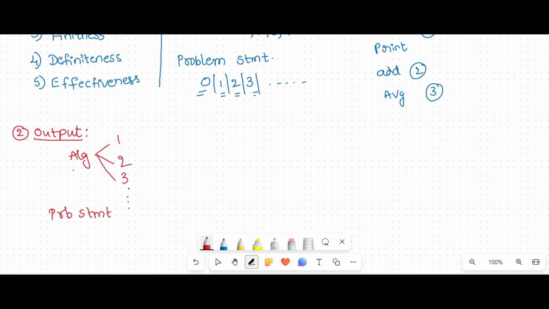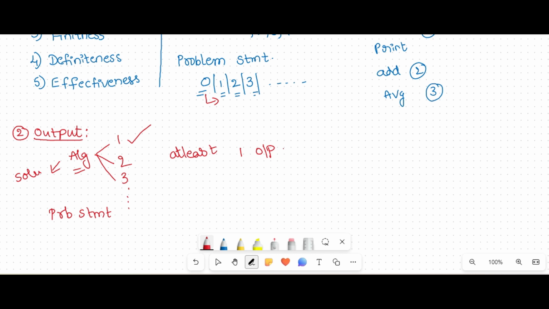When you are writing an algorithm, compulsorily one solution will be there. That means what is the minimum number of outputs an algorithm should generate? One output minimum. Here in the inputs, the minimum number of inputs is 0, whereas the minimum number of outputs is one. Every algorithm should generate at least one output.